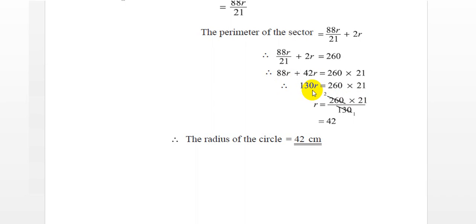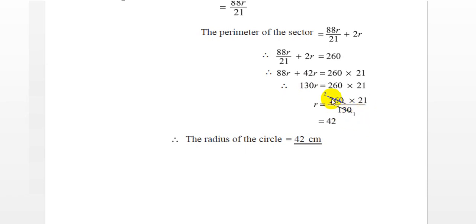So 130 multiplied by r, that is 130r. So between 130 and r, I find multiplication. So I shift 130 to the opposite side of the equation, then it changes to division. That is why 260 multiplied by 21 divided by 130.